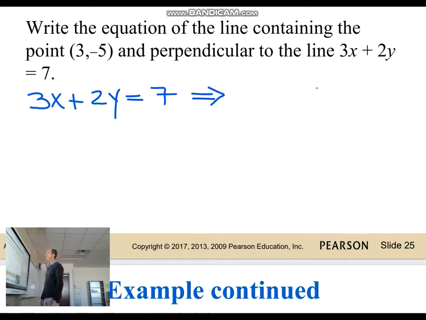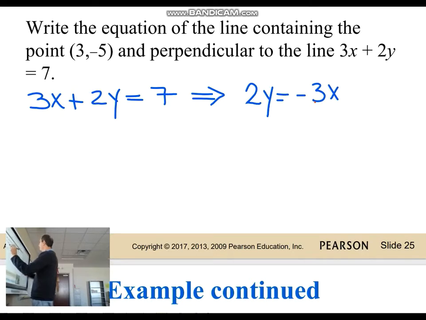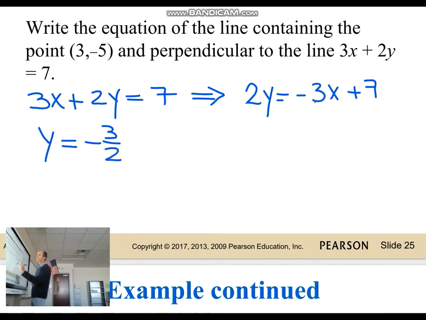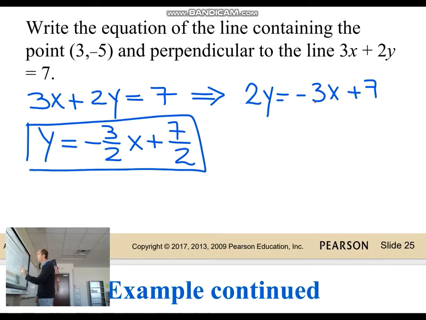Transform into slope-intercept form, and you will have 2y equals negative 3x plus 7, and divide both sides by 2, and then you will have y equals negative 3 over 2 x plus 7 over 2. So I applied the addition property of equality and the multiplication property of equality, and we found m equals negative 3 over 2.